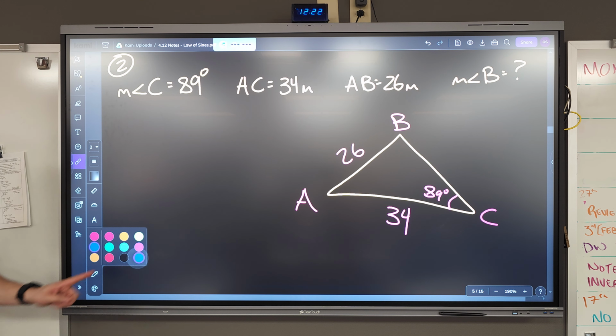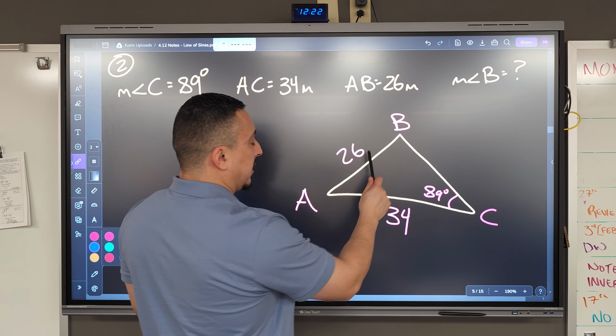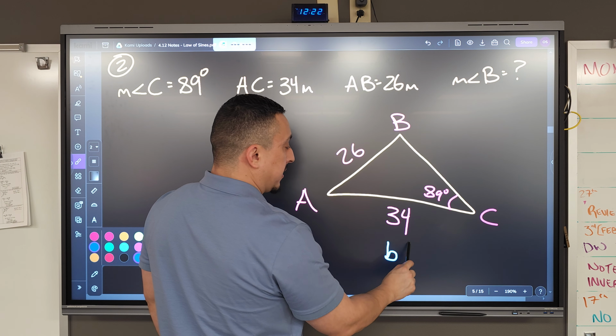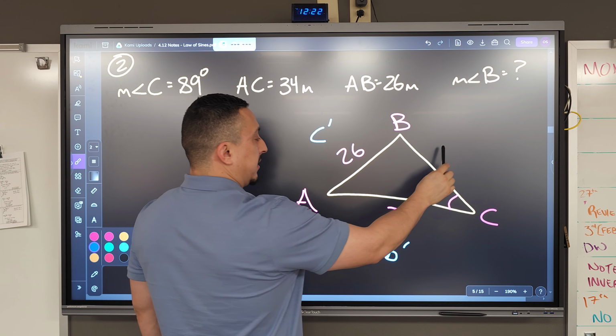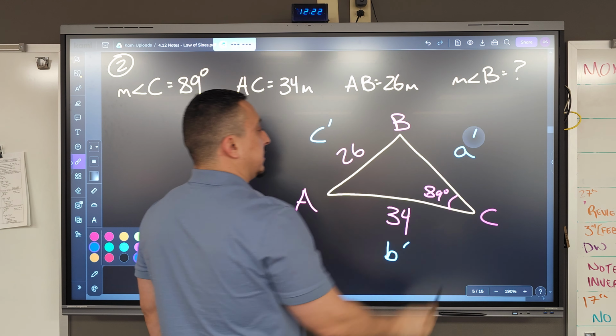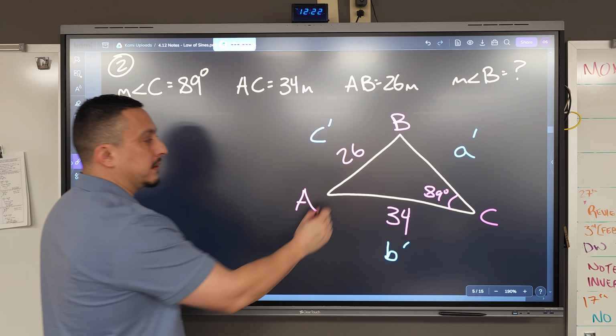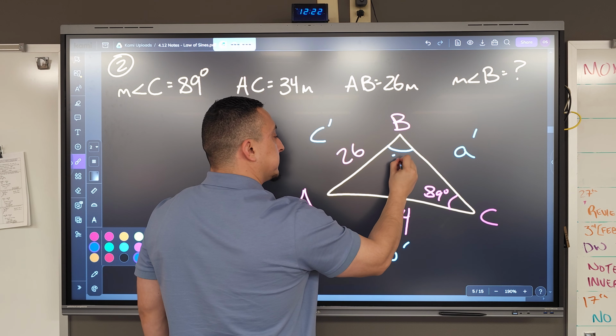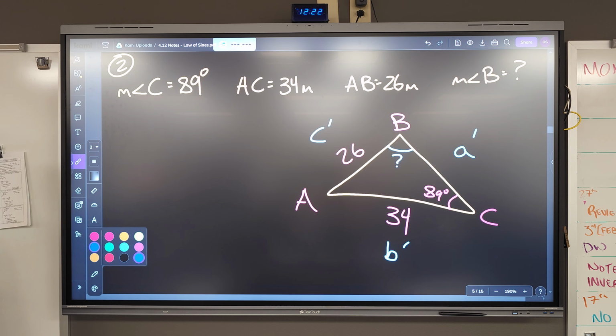Okay, so here comes my labeling. So this is B side, C side, A side. And they want this angle. You can put X if you want. Okay, so again, which sides or which fractions should we use for sure?